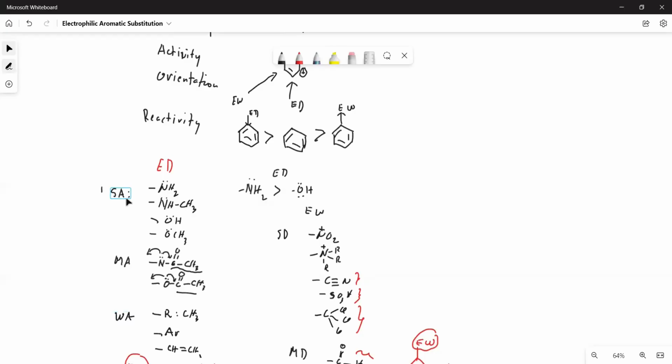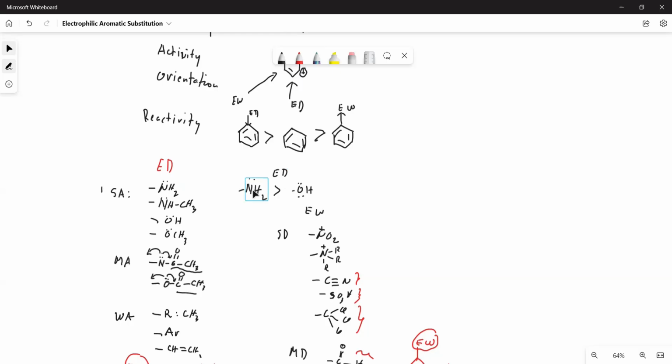So in the strongly activating category, you have the amino group, the methylamine group, the hydroxyl group, and methoxy group. And you notice electron donating groups, they have lone pair to donate to the benzene ring.